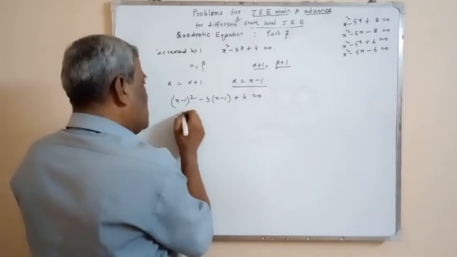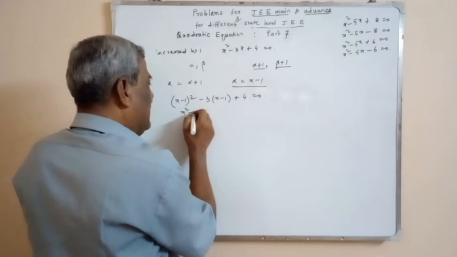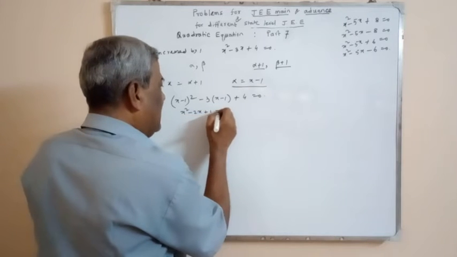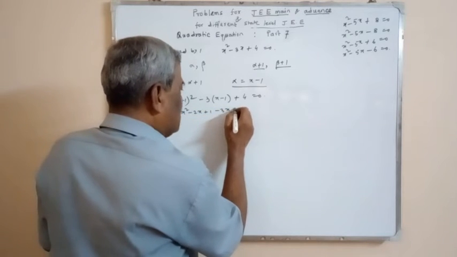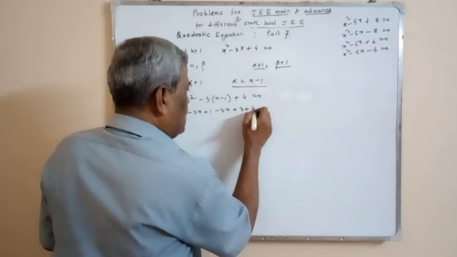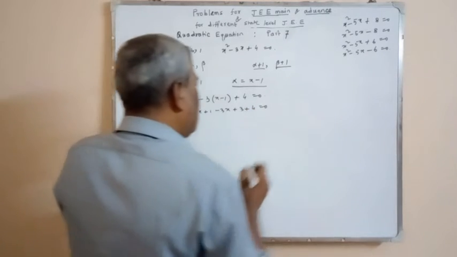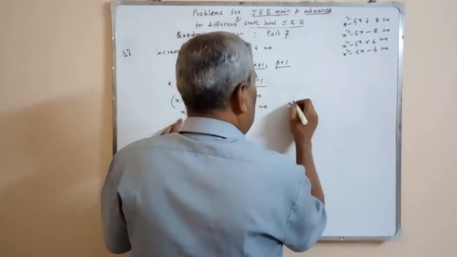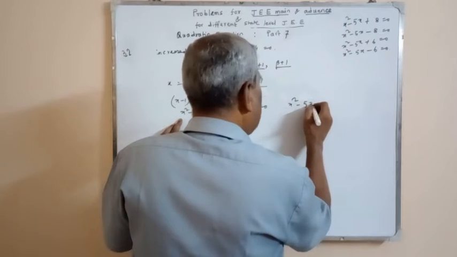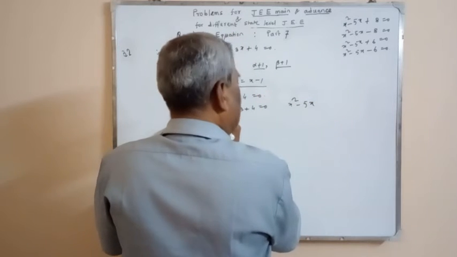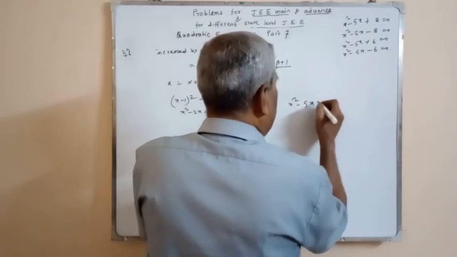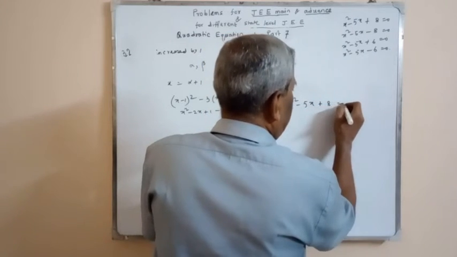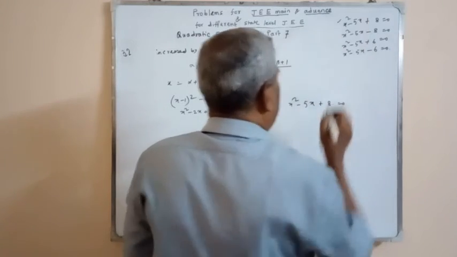That is x square minus 2x plus 1 minus 3x plus 3 plus 4 is equal to 0. So that is actually equal to x square minus 5x, 2x and 3x, 5x plus 8 is equal to 0. So this one is the answer.